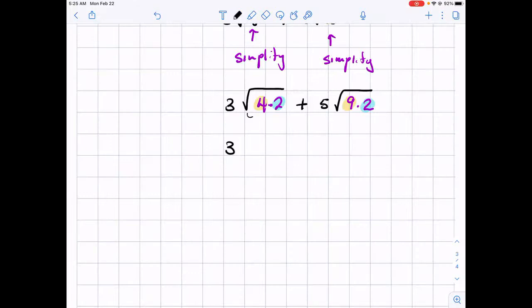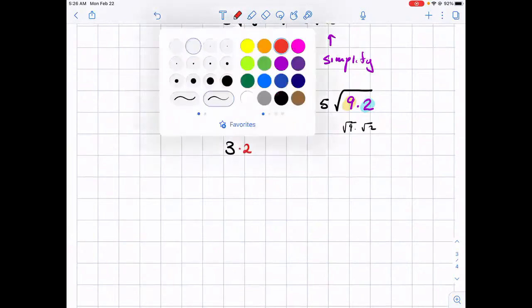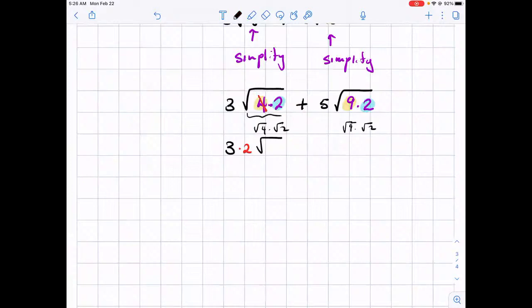Remember, this can be rewritten as square root of 4 times square root of 2. We can also here do square root of 9 times square root of 2. And that's when I say that the 4 comes out, and that becomes times 2, and what's left is radical 2.